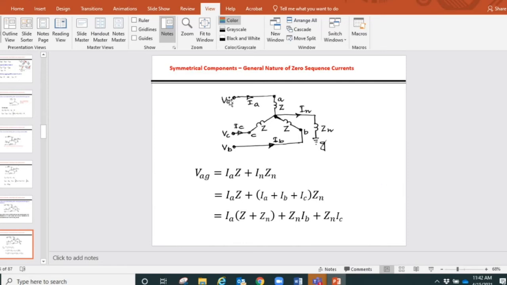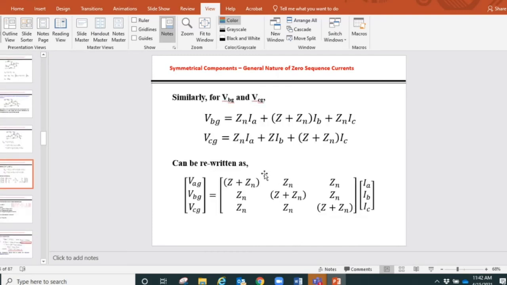The voltage is applied here, applied there, and they finally reach this ground point through the impedance of the phase and the impedance of the piece of wire connecting the neutral point and the ground. So IA times Z and IN, which is the neutral current, times Zn is going to be the voltage between node A and G, where the phase voltage A is being applied. So we can simplify it like this.